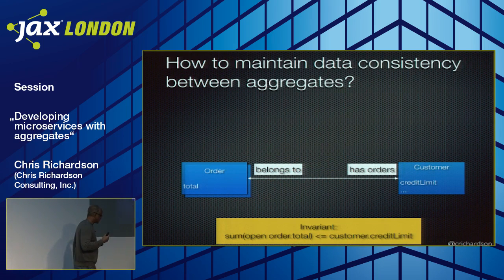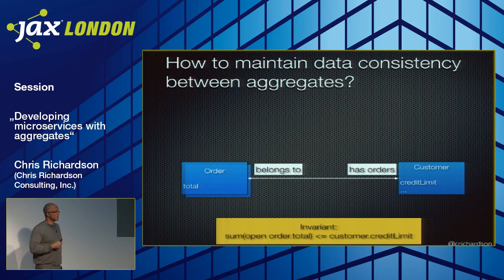You have orders. Orders belong to a customer. Customers have a credit limit. And there's a business rule that the open orders for a customer cannot exceed the customer's credit limit. So when you want to create a new order, before doing that, you have to verify that the order will not exceed the customer's credit limit.